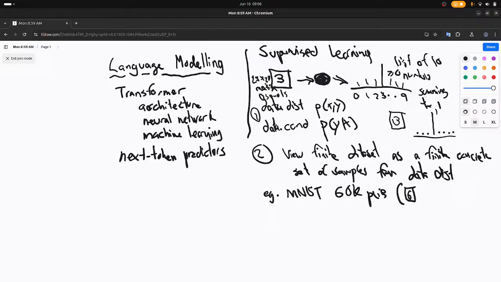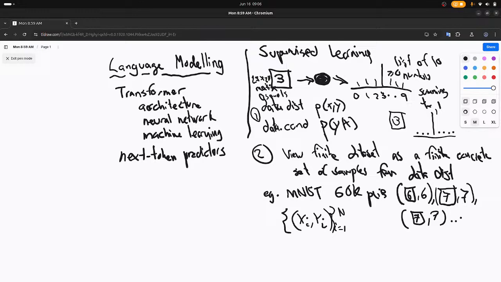You have an image of a 6 and then a 6. You have an image of a 7 and it says 7. You have an image of a different 7 like that, and so on. These are viewed as being, in a way, instantiations of random variables, up to n of 60k, and they are viewed as samples from some p(x, y), some distribution.